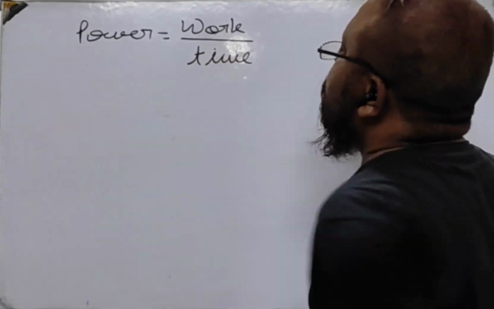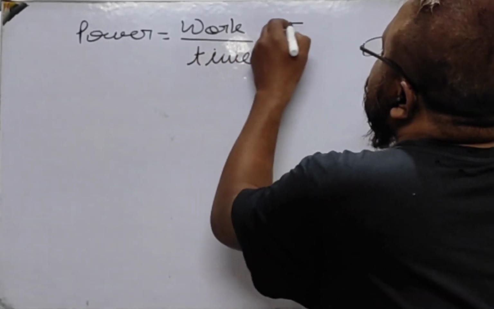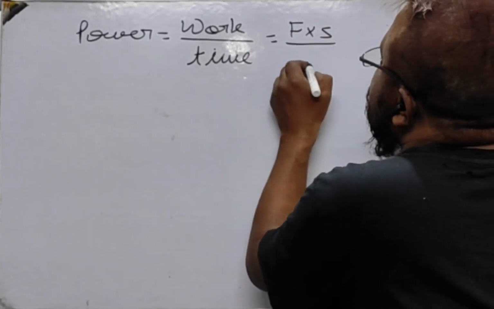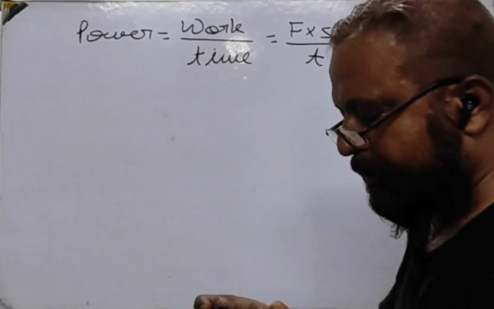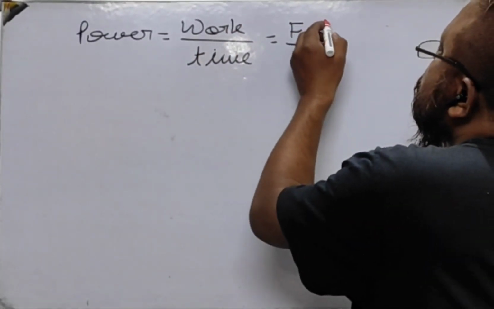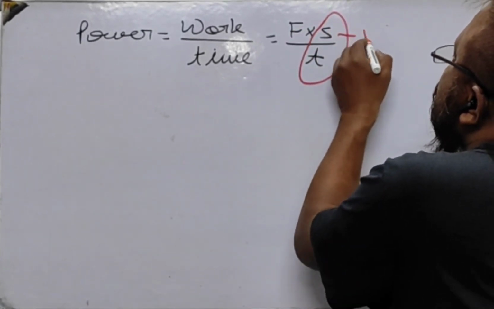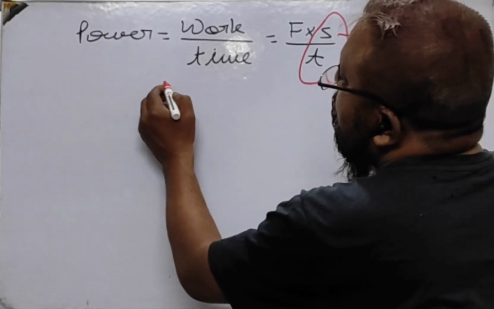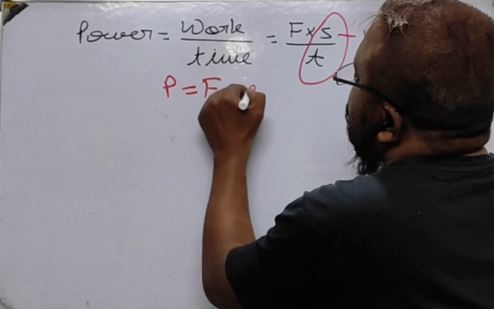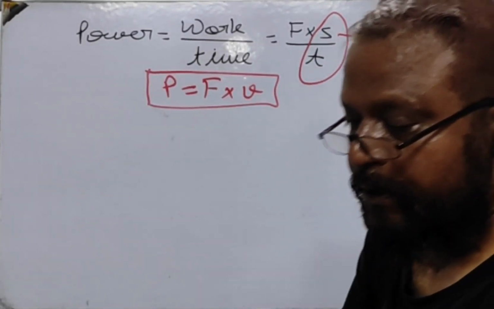Work upon time. So what is work? That is F into S, and that time is T, right? And yesterday I told you displacement upon time is known as velocity. So we have a formula P is equal to F into V. I hope you understand this, right?